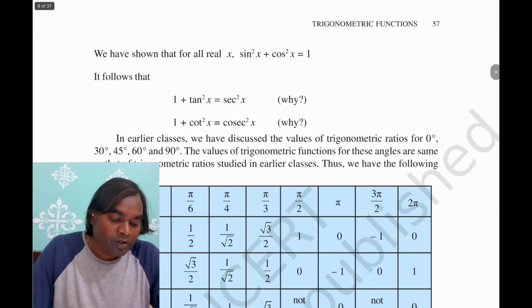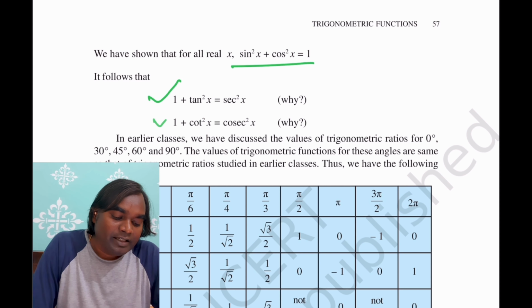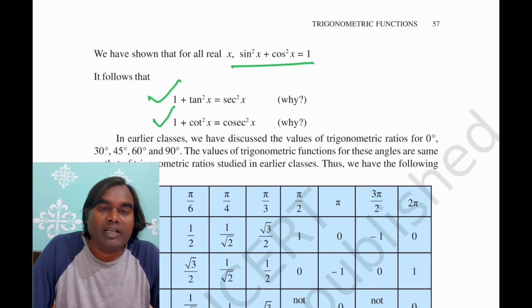Now, since we know that sin square x plus cos square x is equal to 1, we can derive that 1 plus tan square x is equal to sec square x, 1 plus cot square x is equal to cosec square x.